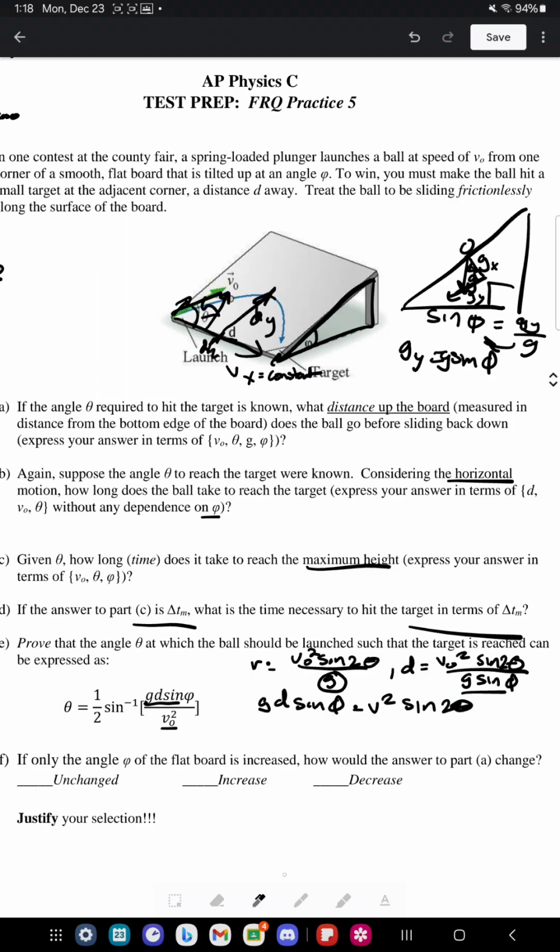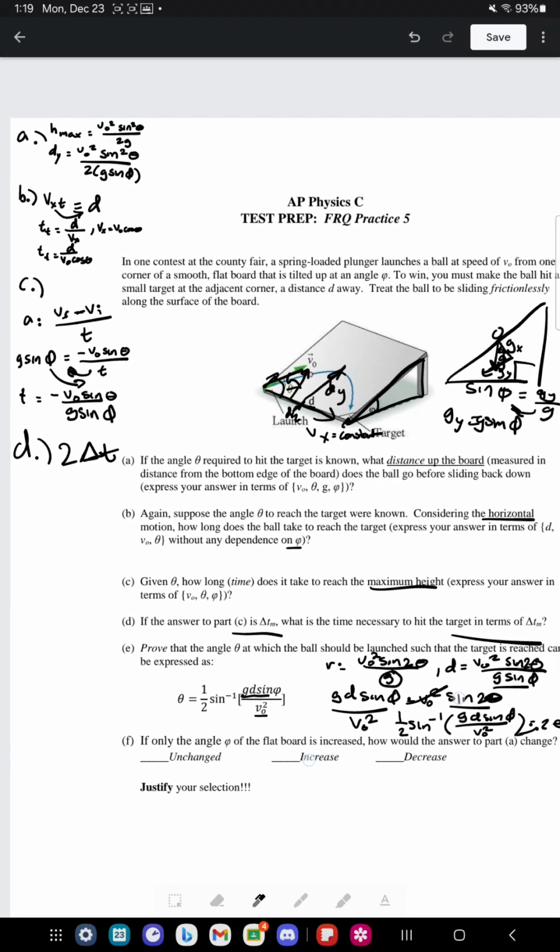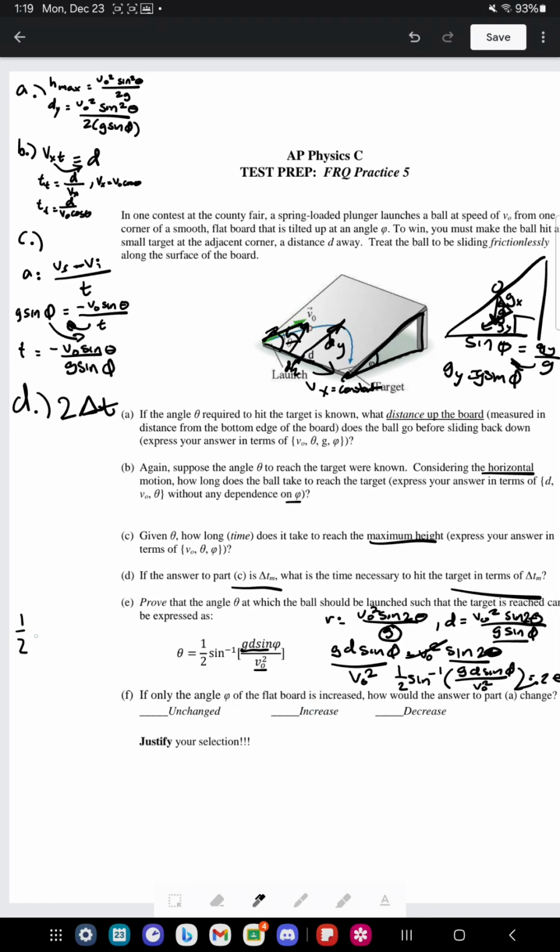Divide v squared over, and take the inverse sine of this: sine inverse of g d sine of the second theta over v squared equals 2 theta, and then we divide the 2 over, so that gets us 1/2 sine inverse of g d sine of your second theta over v0 squared, and that does indeed equal that.